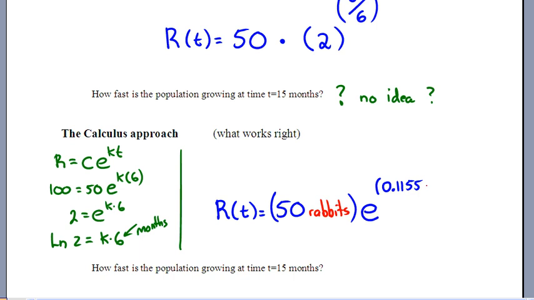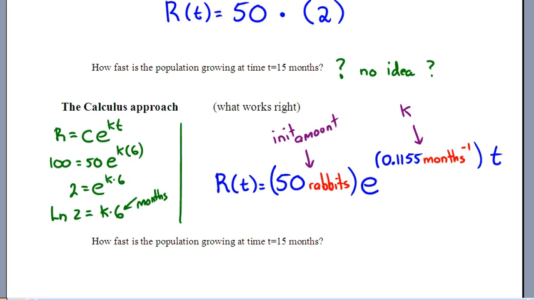And the units are weird, they're upside down months. It's like divide by months. So a lot of people just write months to the -1. That's my k, and then they put a t there. This will work super well.